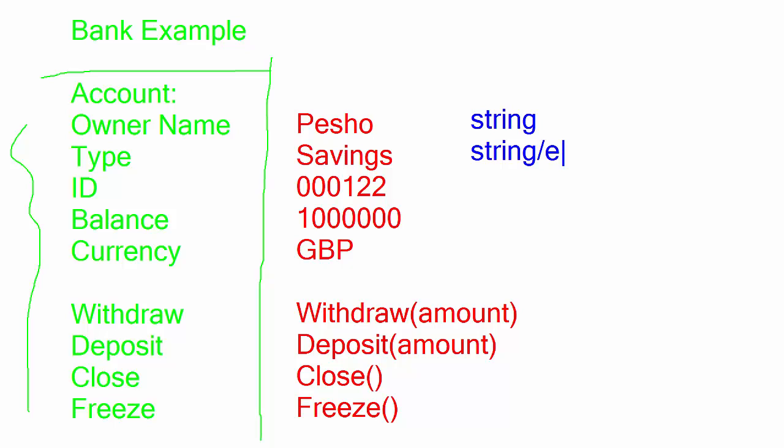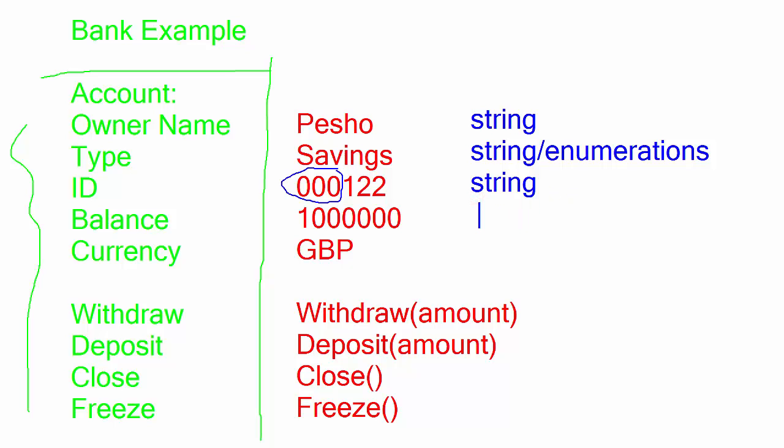String, or enumeration. Okay. ID. This should always be a string. If I make this a number, the 3 leading zeros are gonna cause problems, so IDs are normally always strings.